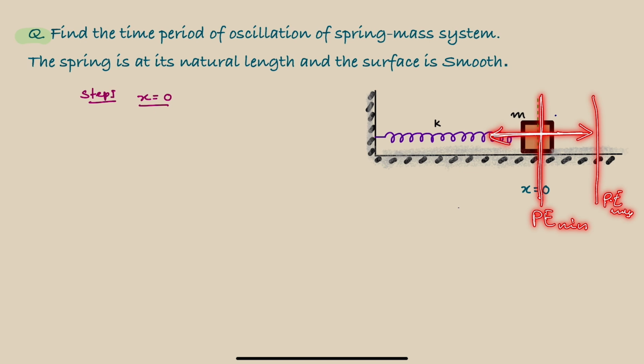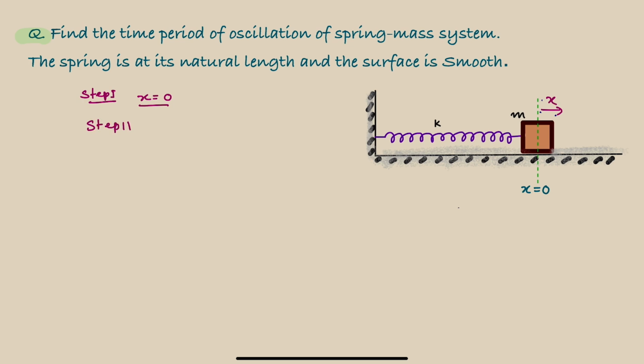Here the kinetic energy is again minimum. So we will write down the total energy somewhere at a certain distance so that we can get the instantaneous expression. At this particular distance, we will write down the total energy. That's our step number 2.